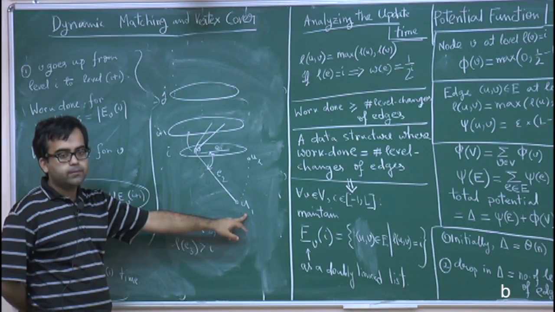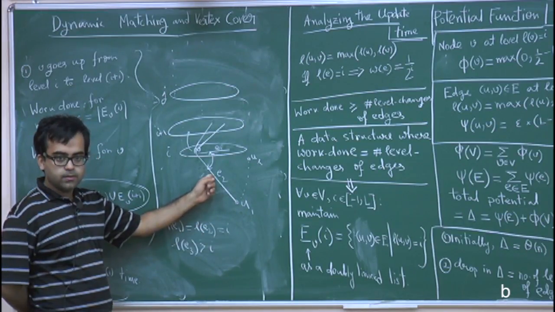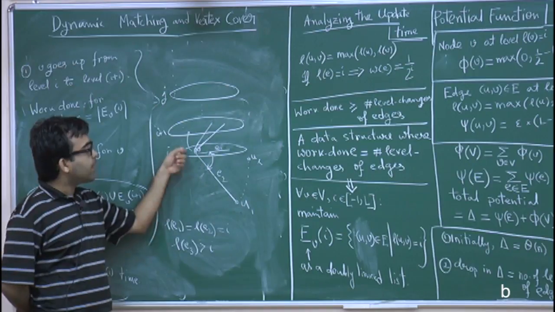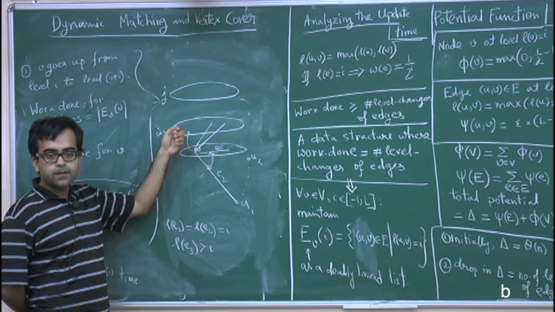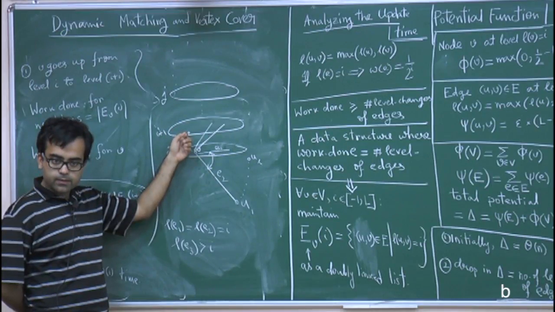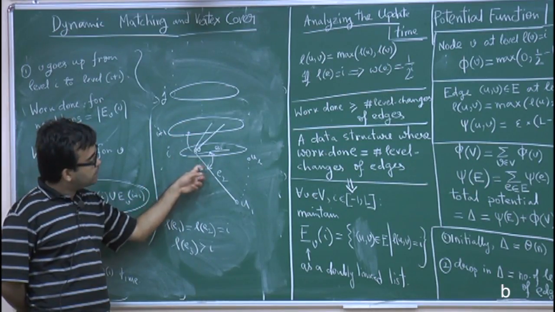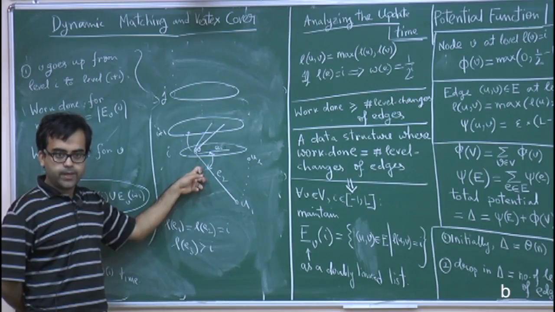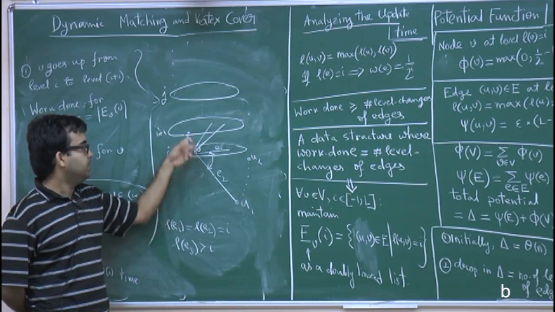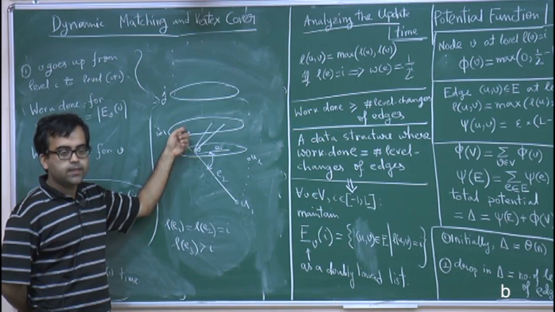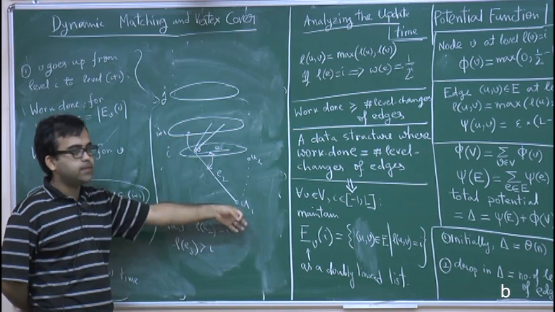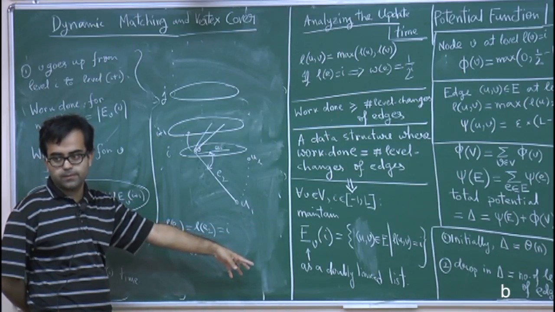It is constant, right, because this edge E2 was earlier appearing in the ith list of U1 and now it will appear in the I plus 1th list of U1. So, basically you are deleting this edge from the ith list of U1 and inserting it into the I plus 1th list of U1, and insert and delete operations take constant time in this doubly linked list.